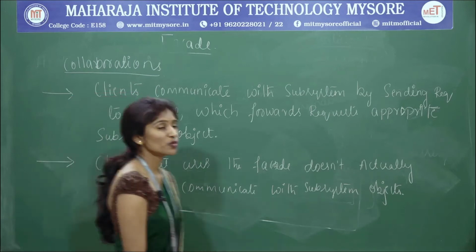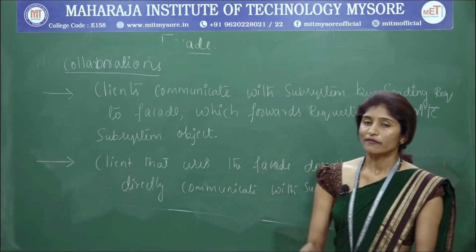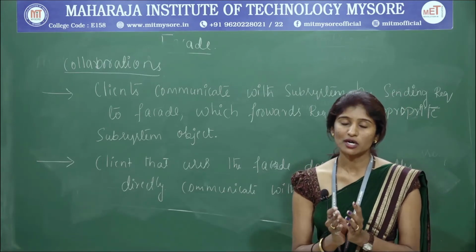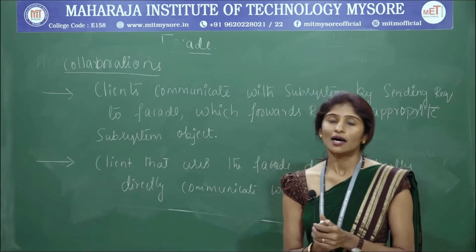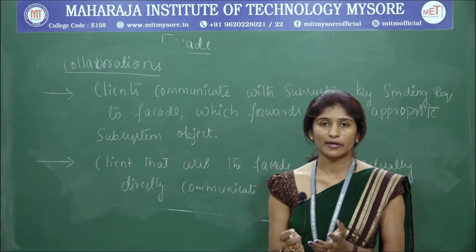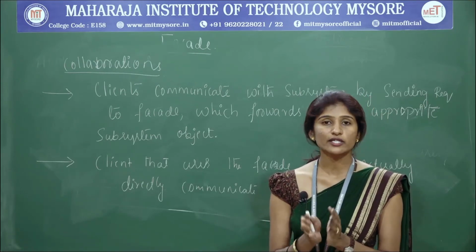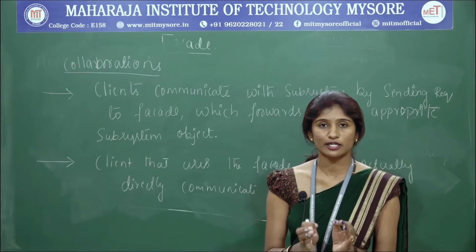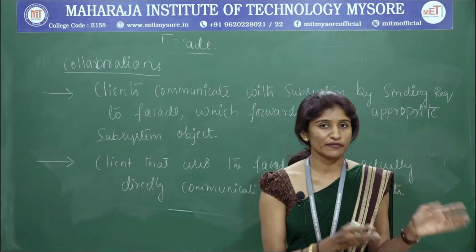I have written two points here. The very first one: when the client forwards the request, as a user, the people who write the program want to compile or assign some work to the compiler. The compiler here, that is the facade, assigns the work to the particular subsystem intended to do that specific work. I explained that in the previous topic.